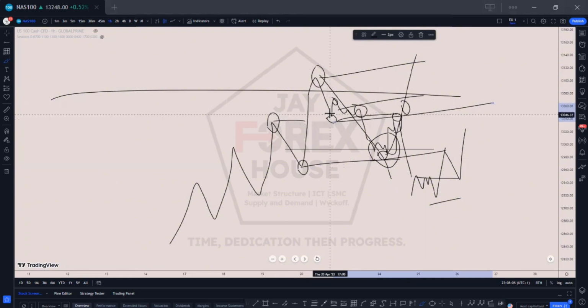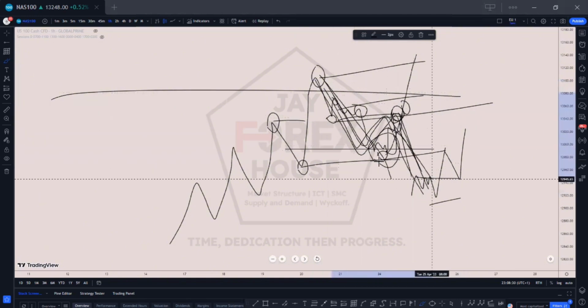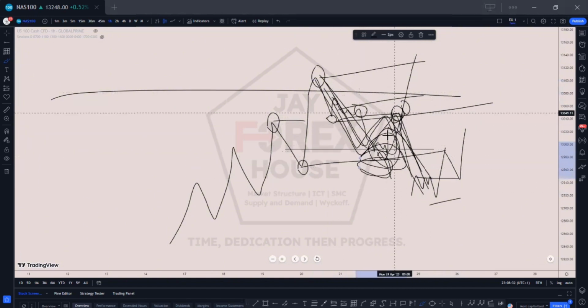If that supply happens to be mitigated within the intersection between New York and Asian session, which is the Asian kill zone, understand that there's every tendency the price could be selling off from here. That is still correct. It's still price doing the same thing, but just me looking cooler, like I'm the one controlling the market. But that's just me following what the trend has to say.